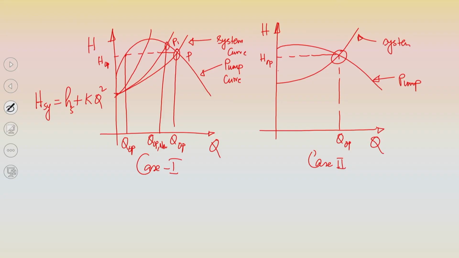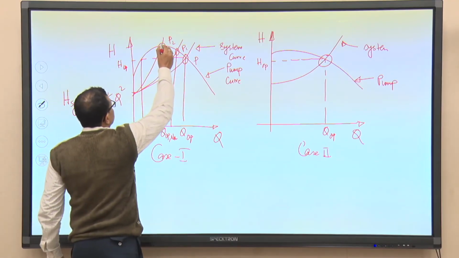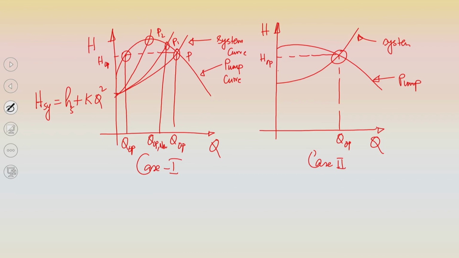If he further closes the valve by mistake, the operating point is coming to P2, which is the maximum head. The pump will always try to run at low discharge, so the point will shift very quickly to this point, P dash, and the operating point will be shifting between these 2 points, P and P prime, because of the nature of this curve.